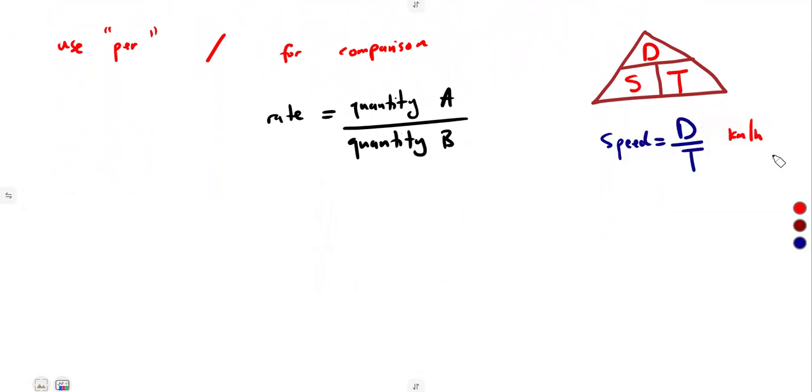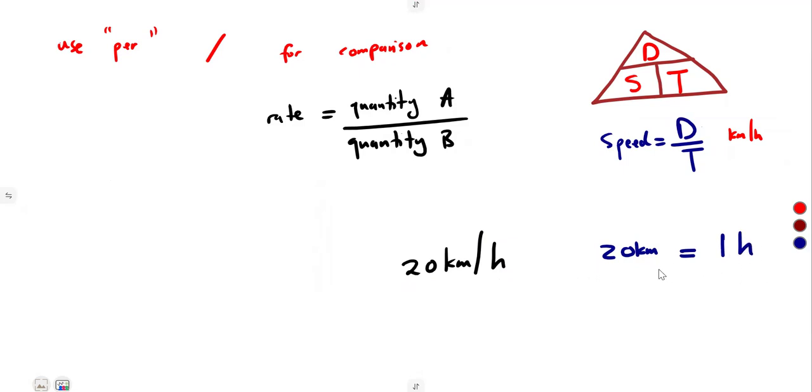And another concept that I want you to understand, if we say 20 kilometers per hour, what does it mean? It means for each and every single hour that we have, we are going to cover 20 kilometers. 20 kilometers is equivalent to a single hour.